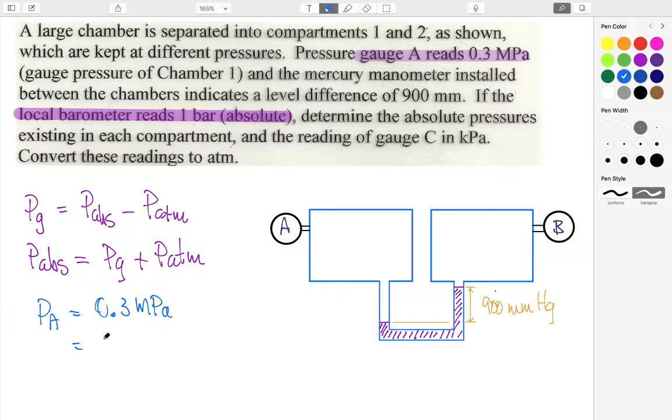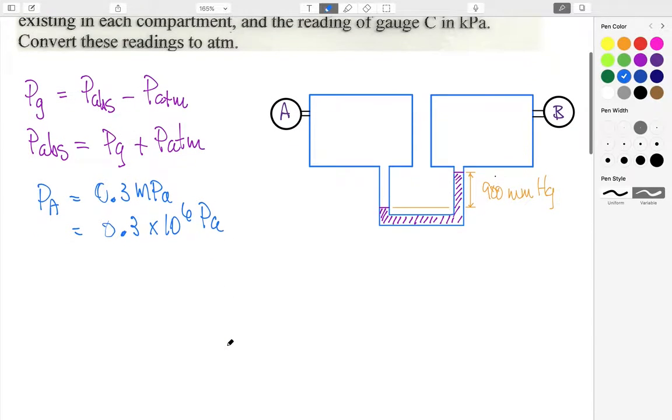So megapascals are 0.3 times 10 to the 6 pascals. That's easy enough to convert. That's the same as 300,000 pascals. Again, that's pressure at A, and that's a gauge pressure.